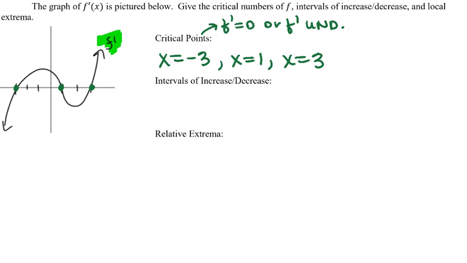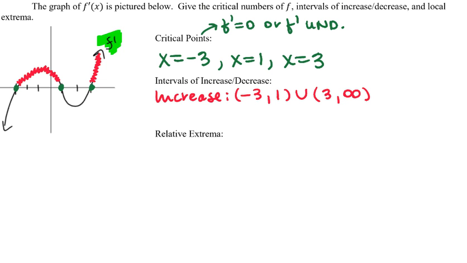Okay. The intervals of increase and decrease, well, increase is where the derivative is positive, so I'm going to color in here where the derivative is positive. So that's going to be the interval from negative 3 to positive 1, and also union the interval from positive 3 towards positive infinity.